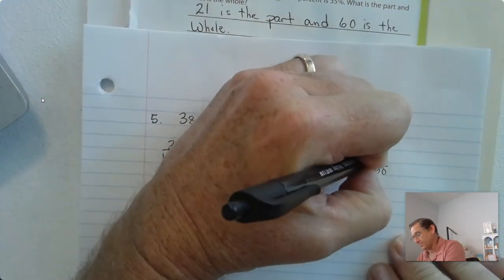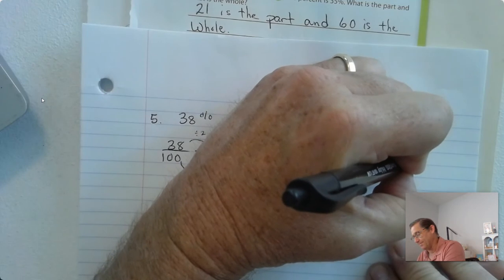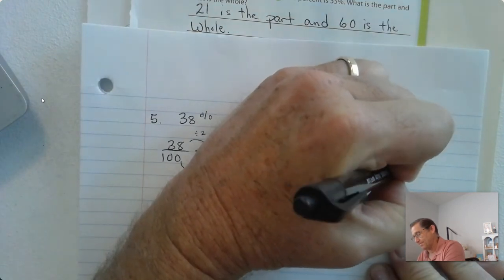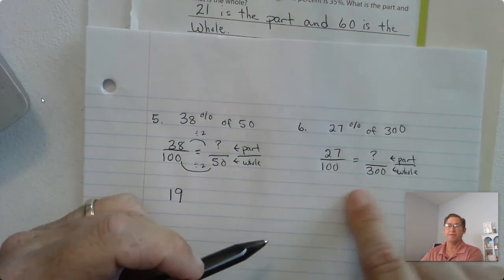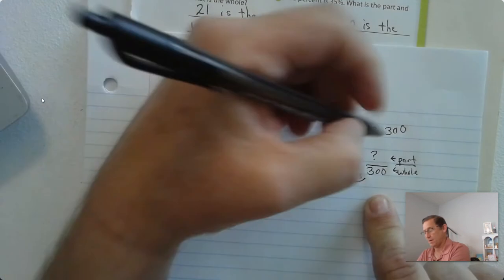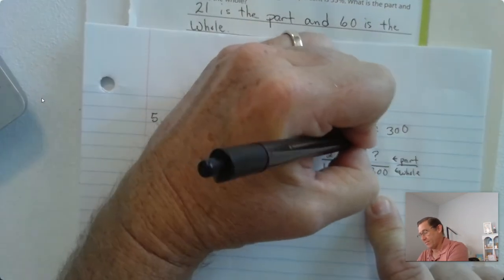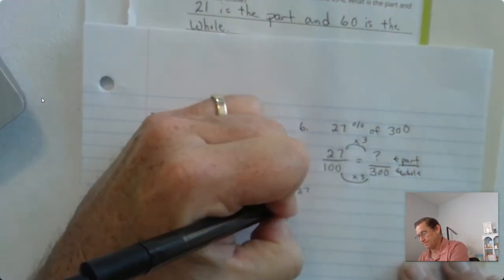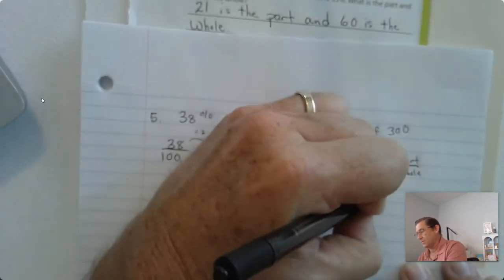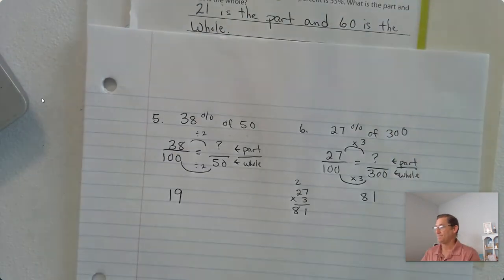And we have to find the part again. All right, how do you go from 100 to 300? Multiply by 3. So also multiply 27 by 3. So we get 81.